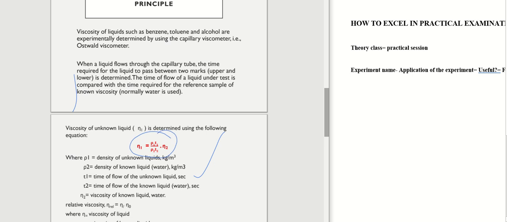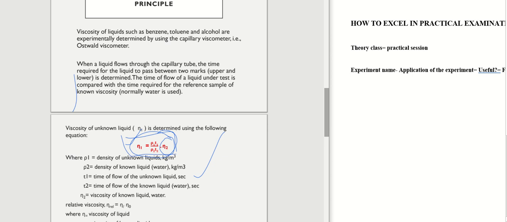We need to write down what each factor denotes. Rho is the density, rho 1. Say 1 is the unknown sample and 2 is the known sample. Now in this experiment, we always consider water as the known sample because we already know the density of water. So it will be much easier for us to determine the viscosity of an unknown liquid.